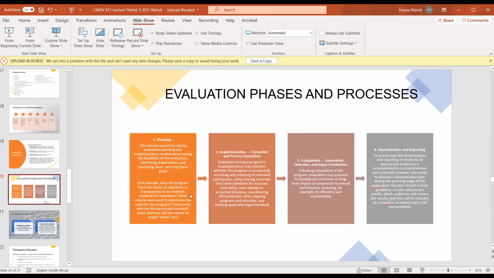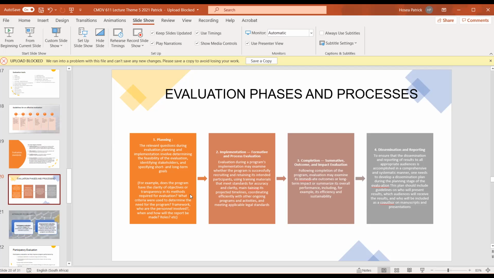And then at the implementation stage, that's where you carry out the particular evaluation itself, right? It may be formative, it may be process, right? At the implementation stage. And then also at the completion stage of your project, there's evaluation that goes on there. That's where you do the summative, outcome and impact evaluation at that point.